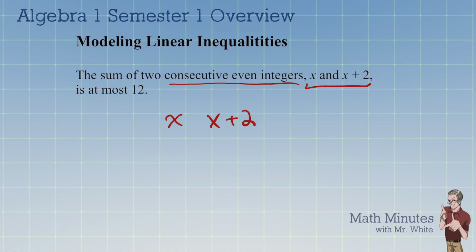The sum of 2 consecutive even numbers, let's call them x and x plus 2, is at most 12. Now, what does the word sum mean? That means adding the 2 numbers up. Okay, so we've got the 2 numbers x and x plus 2, and if we add them up, the total that we get is at most 12.